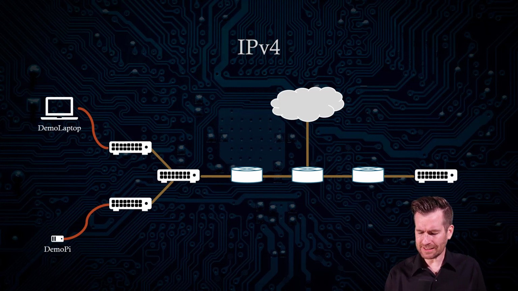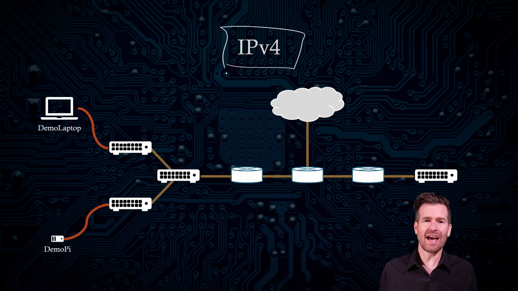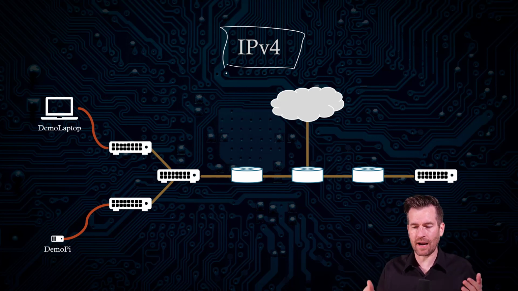So when it comes to designing our IPv4 network here, there's a couple considerations. So let's talk about those considerations. First of all, I don't have a set of public addresses for this network. So I'm going to have to use private networking.